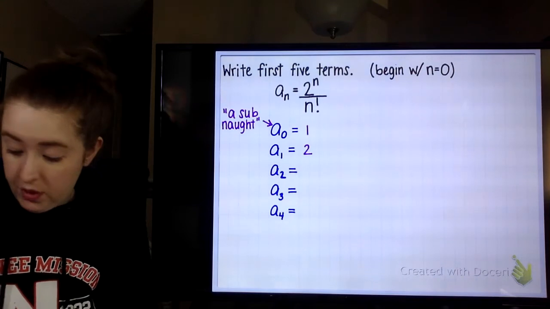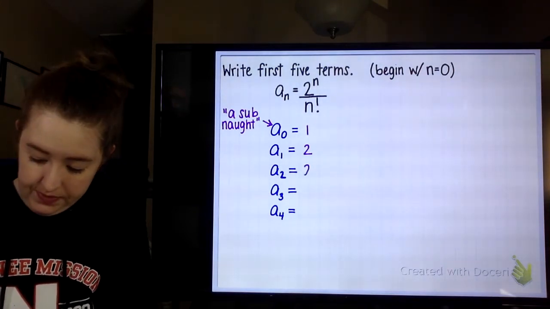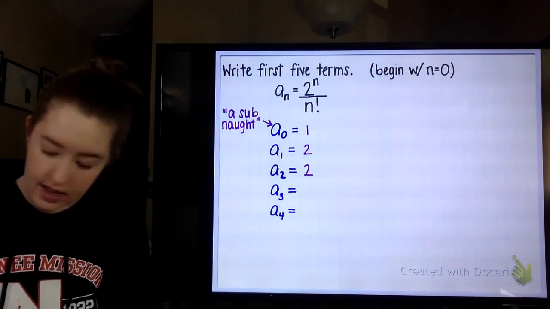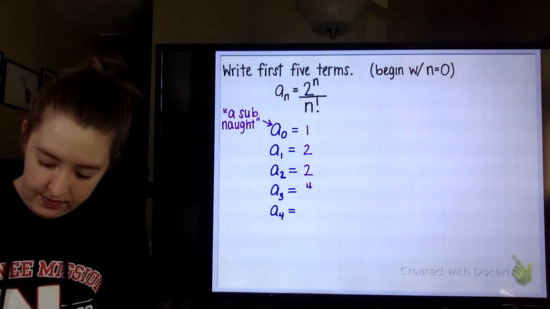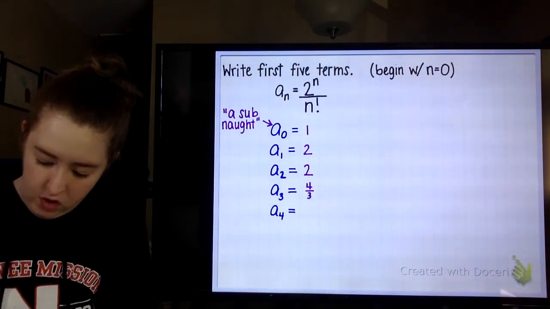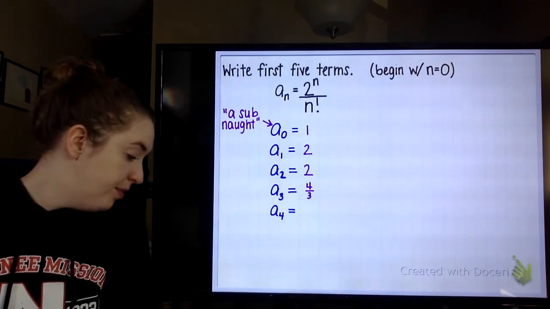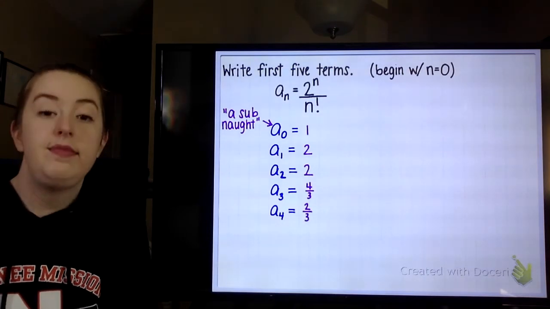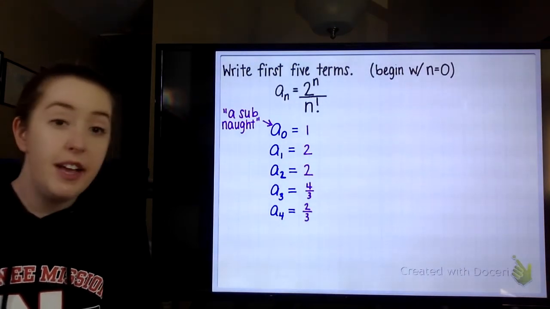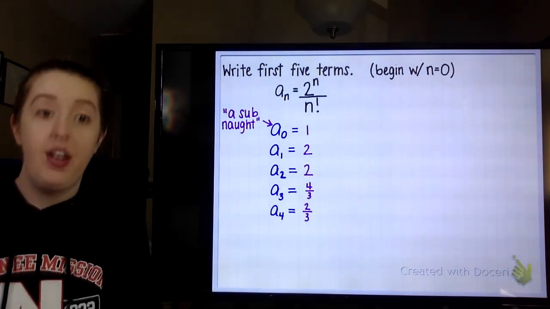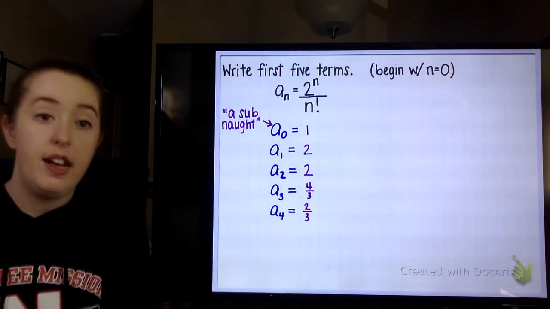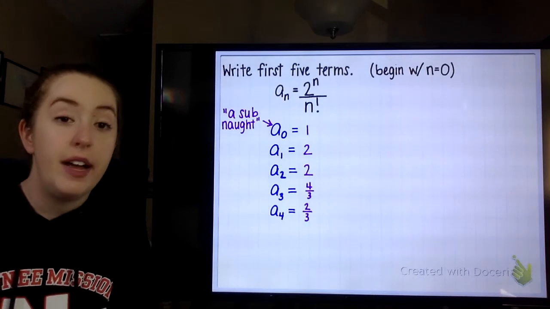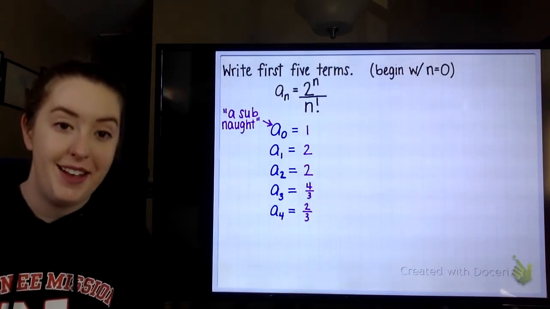A sub 2 is also 2. A sub 3 is 4/3. And a sub 4 is 2/3. Good deal. So my advice is when you have to figure out a bunch of terms, pop your formula into y equals and use that table to help you out.